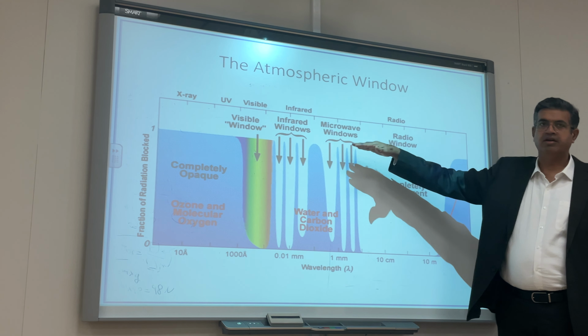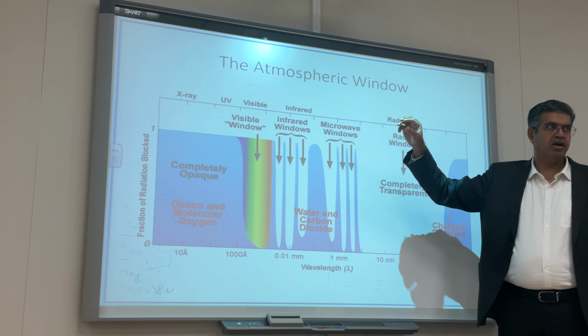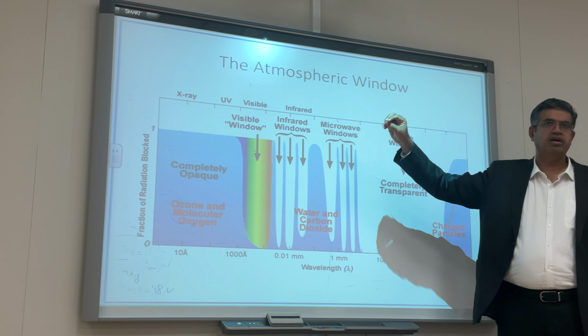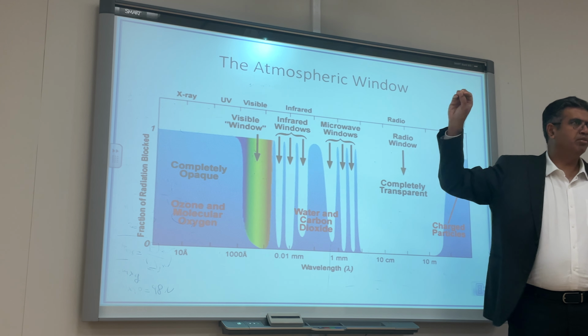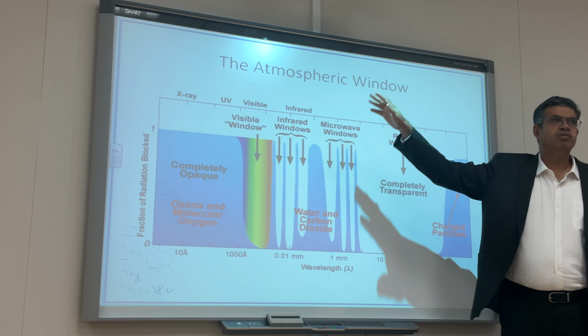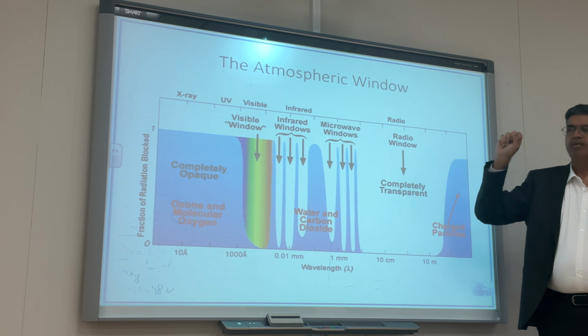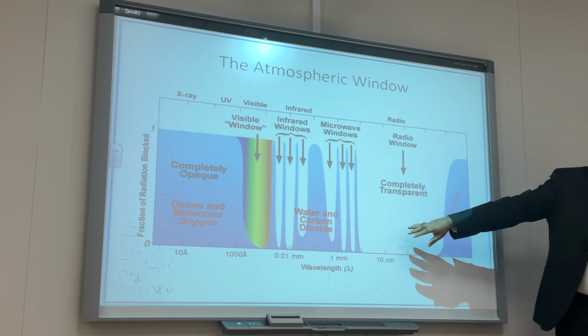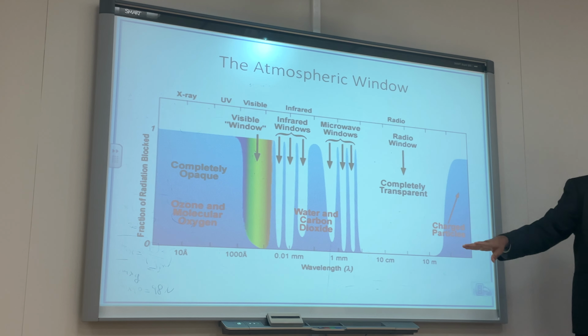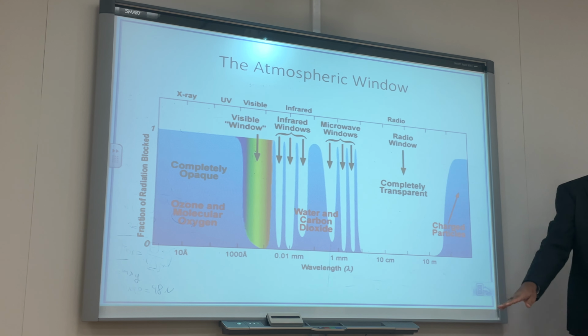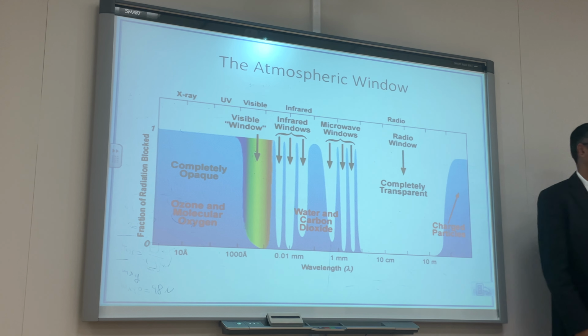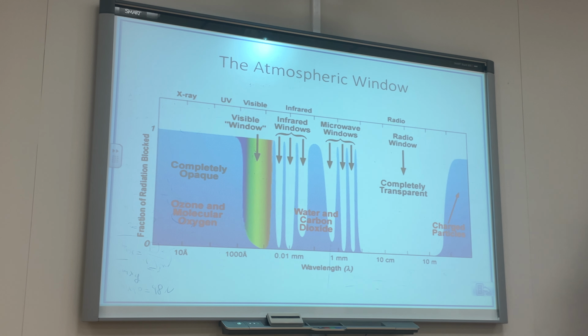It means some of the infrared radiation, some of the ultraviolet radiation, some of the microwave radiations are absorbed in the Earth's atmosphere. Most of them can pass through. But radio waves, if you see, none are absorbed. They are completely transparent. All the wavelengths of radio waves can travel through the Earth's atmosphere.